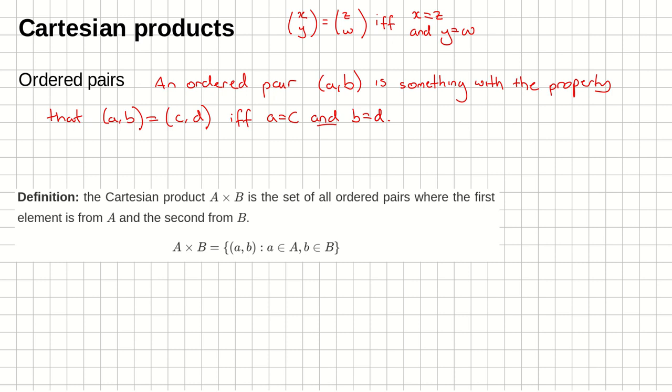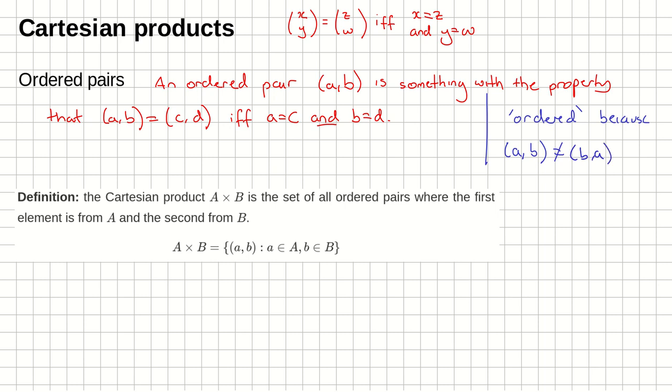So these things are called ordered pairs because, well, in general, (A, B) is not equal to (B, A).